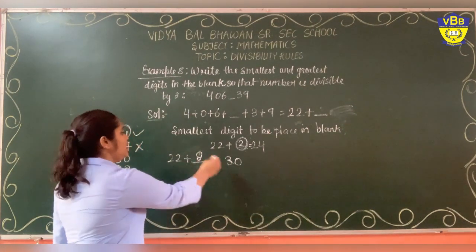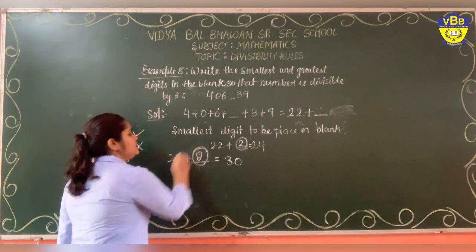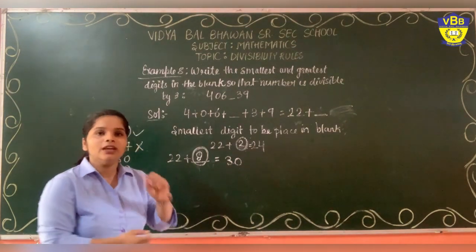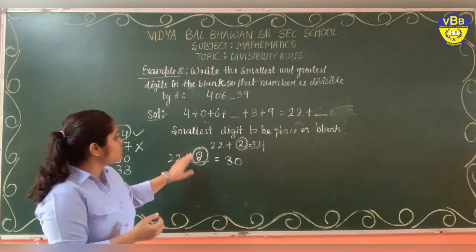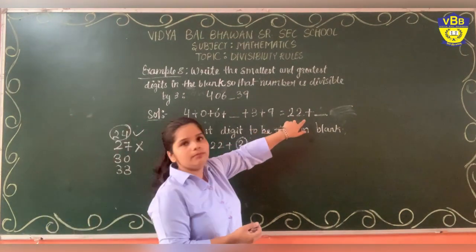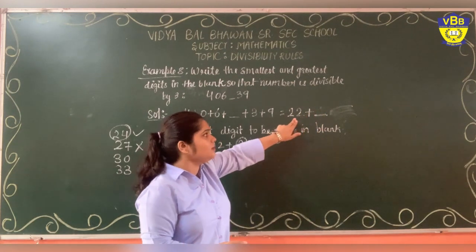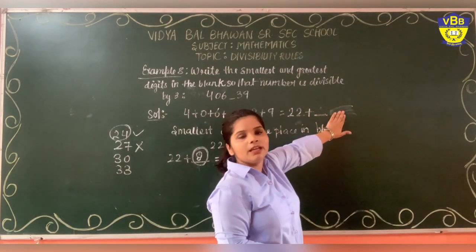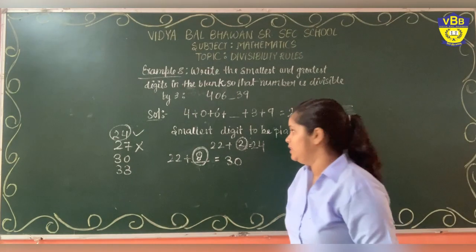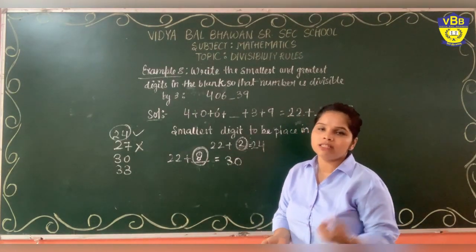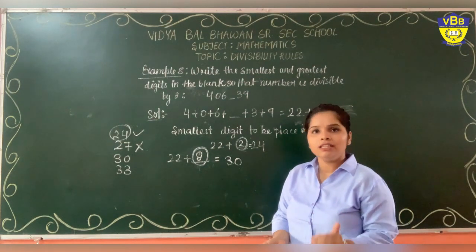So what is the greatest digit to be added? That is 8. Basically, we are finding one digit which will be added to this sum, so that the final sum will become divisible by 3. The smallest single digit number starts from 0 and goes till 9.